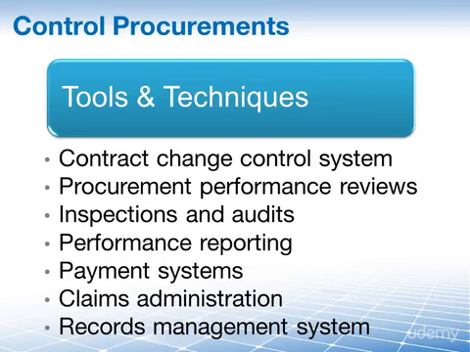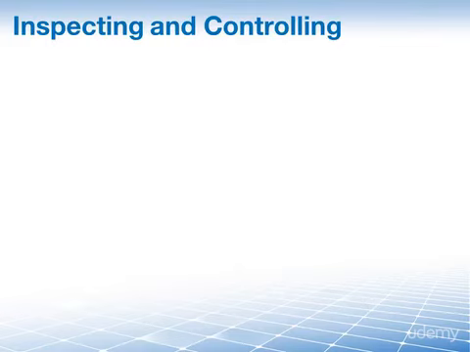And these tools and techniques of the process can be grouped into 2 broad categories. We call them inspecting and controlling. Of course, these are not in any way official categories, but they just make these tools and techniques easier for us to remember.